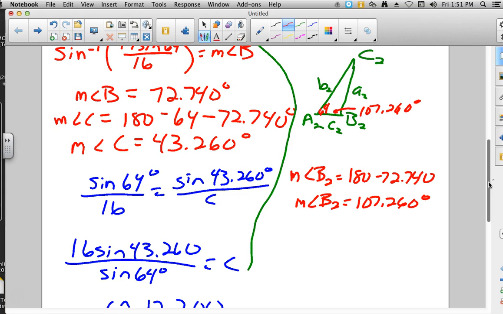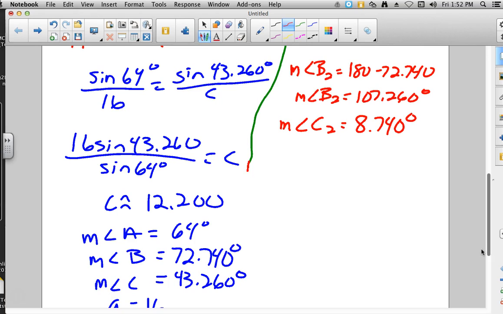And so we can take 180 degrees and subtract those two, and that will give us the measure of angle C sub 2. So 180 minus 107.260 minus 64, and that comes out to 8.740 degrees. So we have that. Now, we need little c.